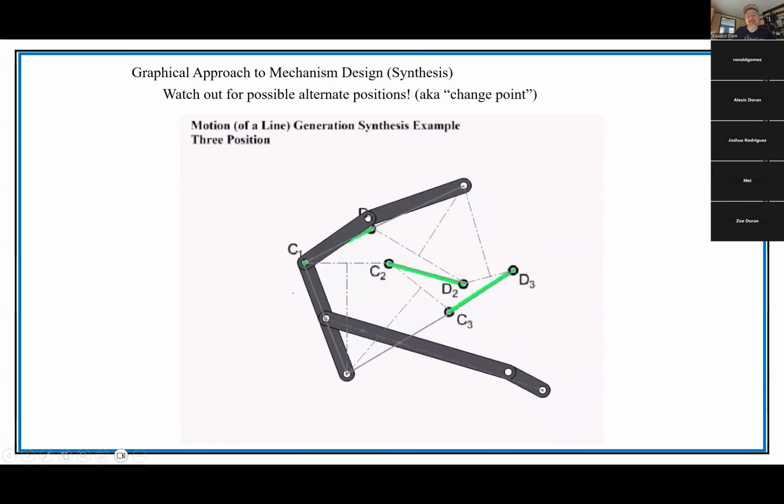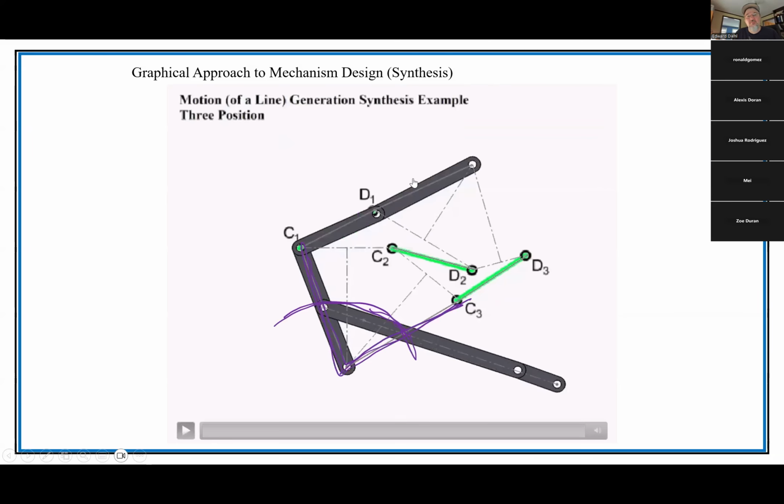But you can see in the next animation that I have tweaked this just a tiny bit. I did it so you could see it enough, but you can almost see from the problem here that they're almost in line with each other. That is to say, the coupler and the rocker, if we're going to call that the rocker, are almost in line with each other.